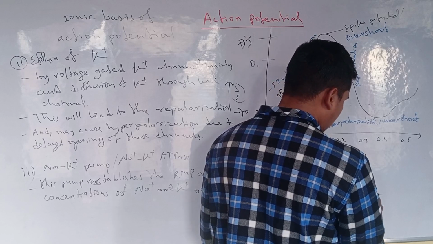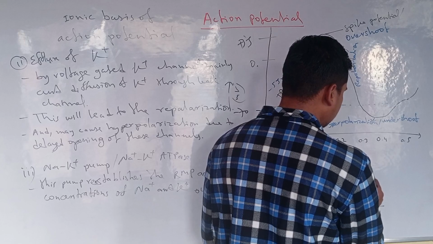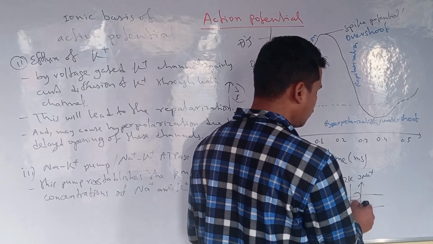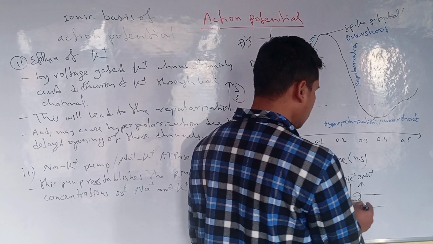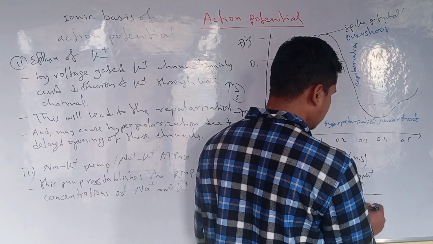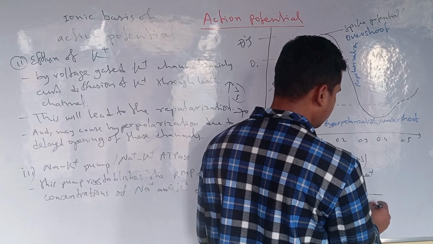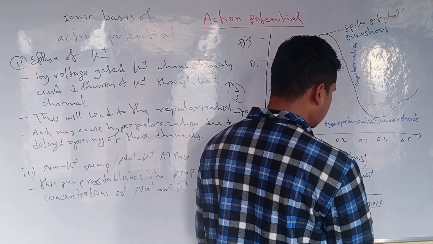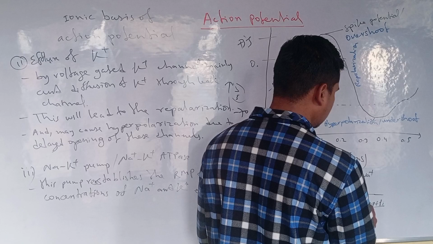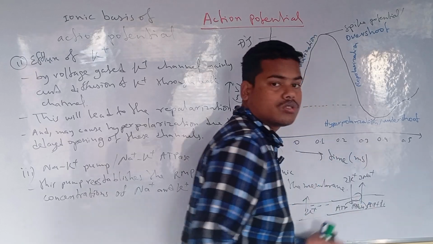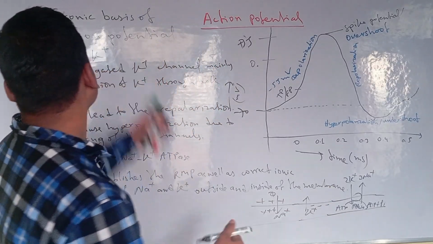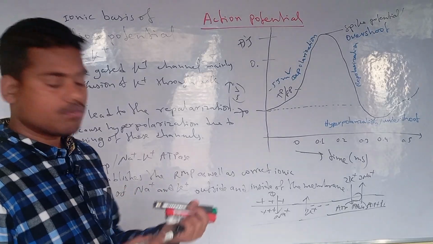This will lead to the efflux of 3 sodium and influx of 2 potassium each time, using ATP, which breaks into ADP plus inorganic phosphate. The enzyme is sodium potassium ATPase. So this is the ionic basis of the action potential.